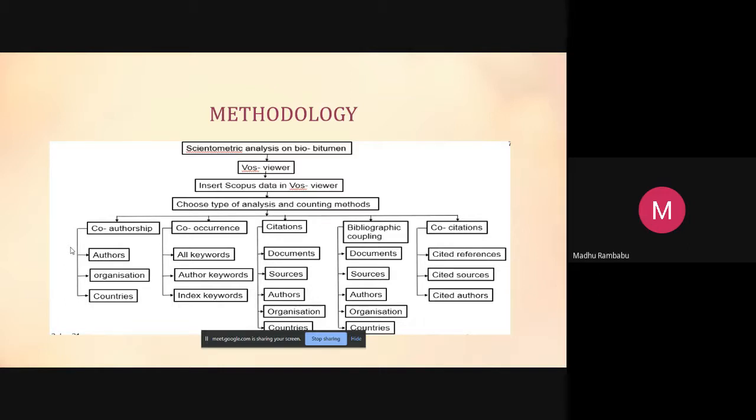Citations with documents, sources, authors, organizations, countries. Bibliometric coupling with documents, sources, authors, organizations, countries. Co-citation with cited references, cited sources, cited authors. Likewise, we collected all these visualizations and presented the top 20 documents, authors, and keywords over here.